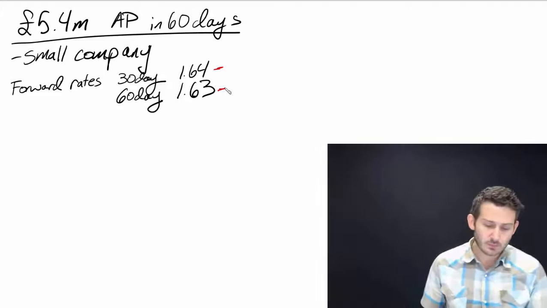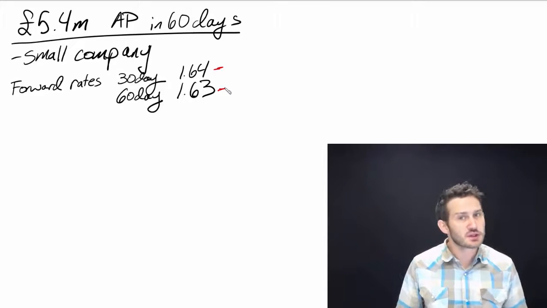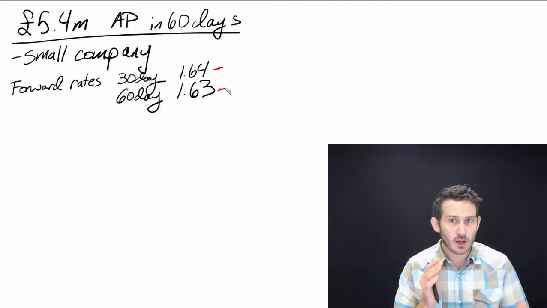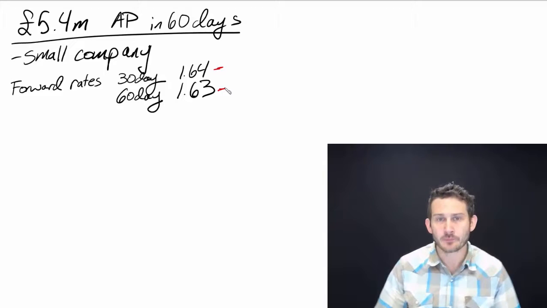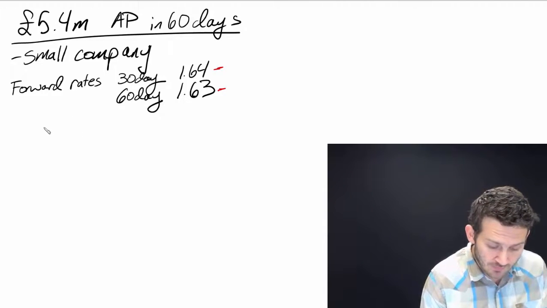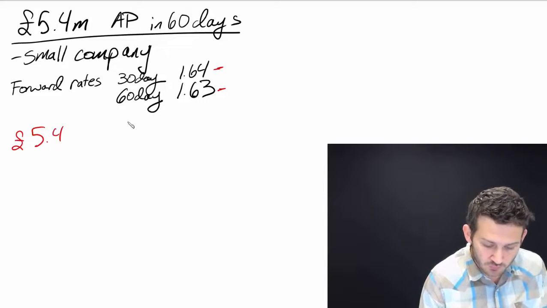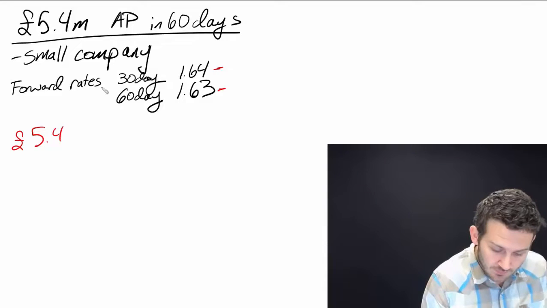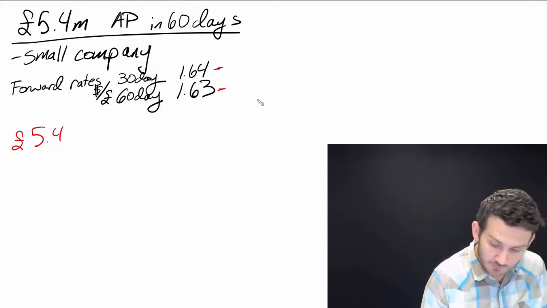Well, one thing you might think is, oh, I want to make this exchange happen at the best possible rate. First, let's figure out how much we're actually going to be paying. We're going to enter into a transaction where we take this 5.4 million pounds and convert it using these forward rates, which are dollar per pound rates.